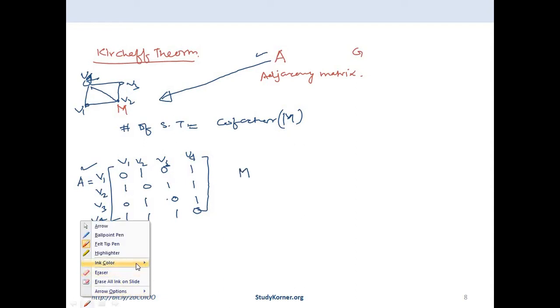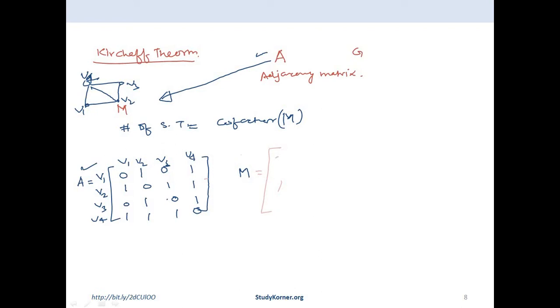For calculating the M value, the first thing is to replace all ones in the matrix with minus 1. So let us initialize M with A, and the change applied here is that all ones are replaced by minus 1.